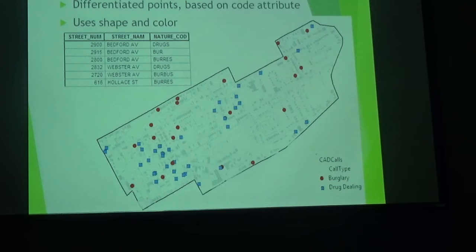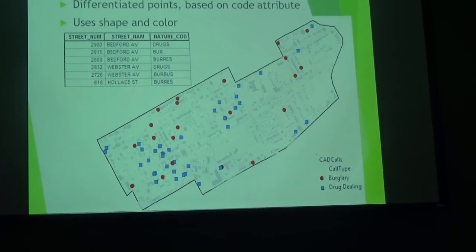So the power of GIS is that I have a graphic representation, my shape or geometry, that is located in the map, because we reference real world coordinates. And then I have a data table attached to it, which I usually call the Excel spreadsheet on steroids. At the beginner level of class, it's the Excel spreadsheet on steroids. So based on the nature of the call, or the code attribute made here, I can differentiate between those two types.